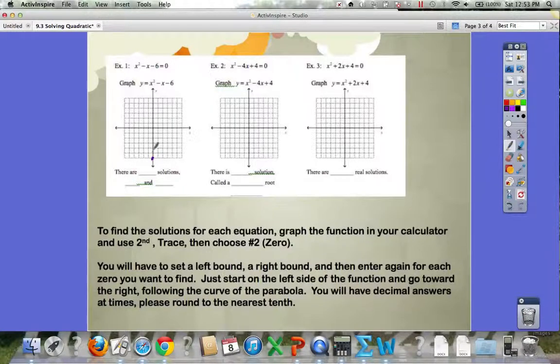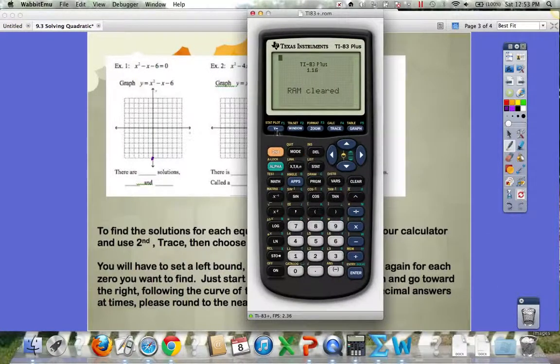Alright, so if you pulled it up in your calculator and wanted to graph this, you would type in x squared minus x minus 6 and graph it. And you'll notice that it crosses right here at 3 and negative 2.